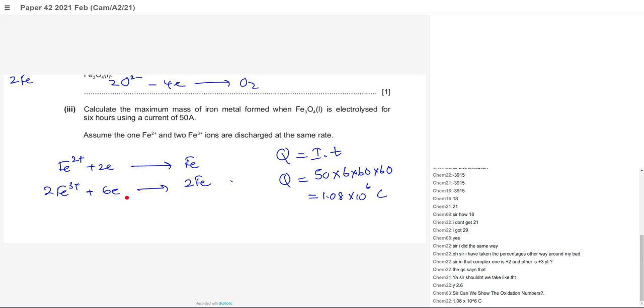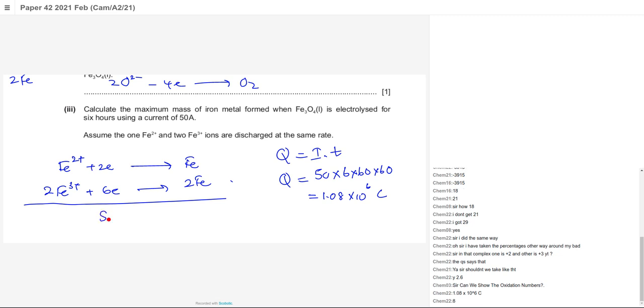So this is how overall what happens. So overall equation, you get how many electrons here? 8 moles of electrons for 3 Fe. 3 moles of Fe to deposit, we need 8 moles of electrons.